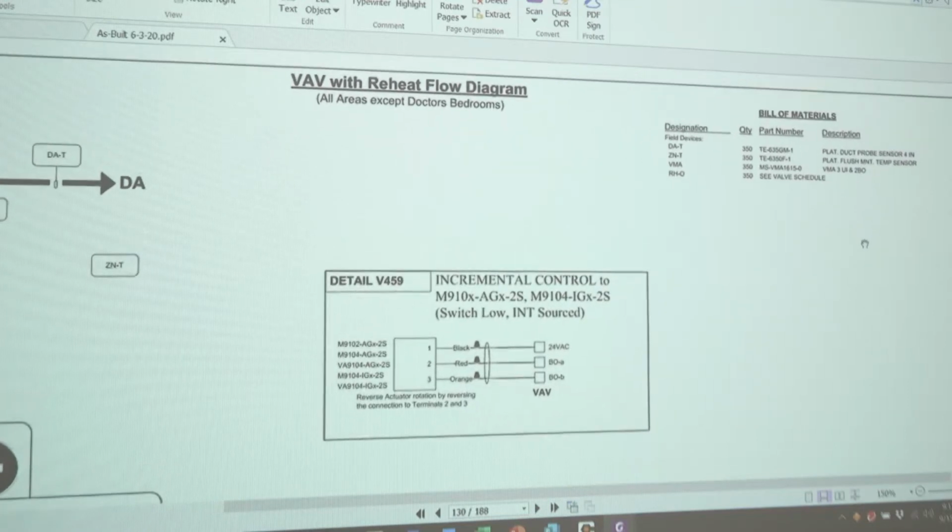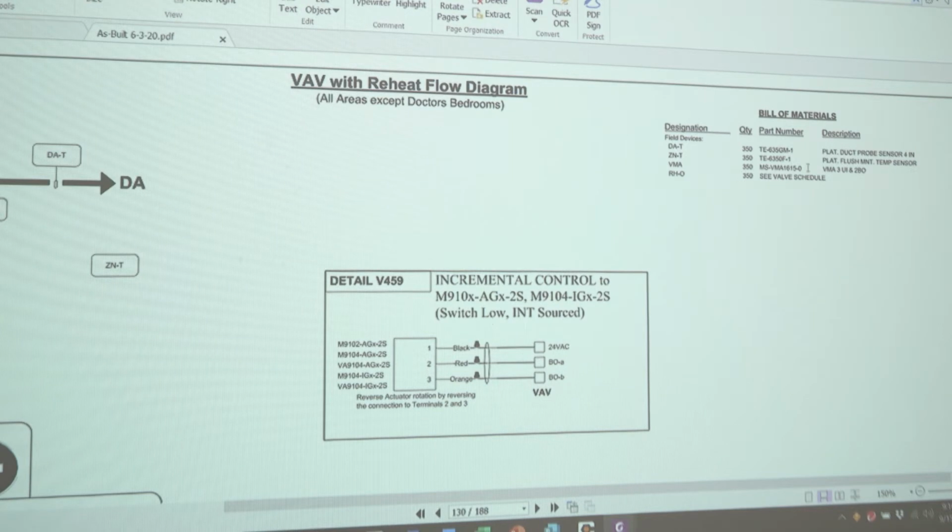You have a bill of materials. It talks about the discharge air temperature sensor, DA-T. It's a T635, a platinum duct probe sensor, 4 inches long. You have a ZNT, which is your zone temperature sensor, T6350. It's a platinum flush mounted temperature sensor.